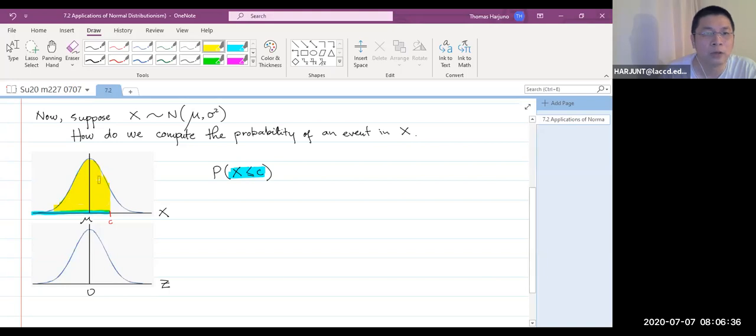Now the thing is, we don't have the table for non-standard normal distribution, so the plan will be as follows.